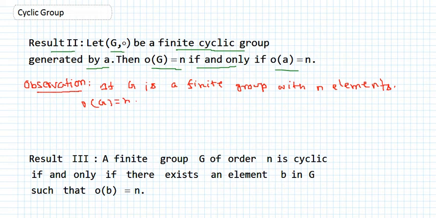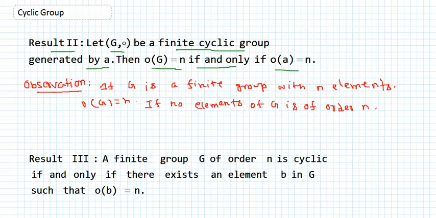Now if no elements of G is of order n, so we do not find any element of G which is of order n, then you can definitely be sure that G is not a cyclic group, because in a cyclic group the order of G has to be the same as the order of some element that generates the group.